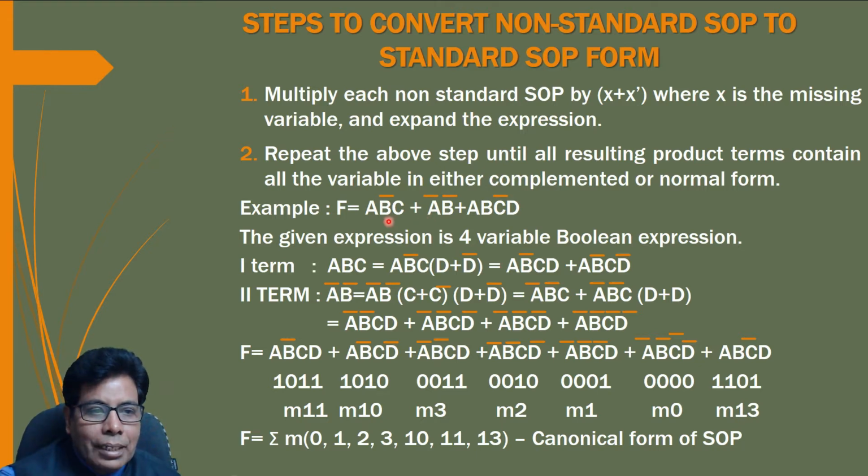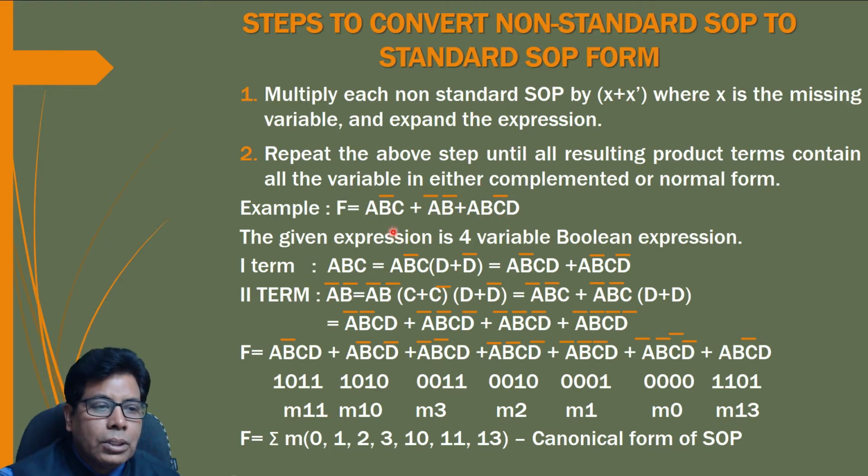Now here if you look at the first term a b bar c, here the term d is missing. Then the second term, that is a bar b bar. Now here in this case the terms c and d both are missing, and in the third term a b c bar d, no term is missing.